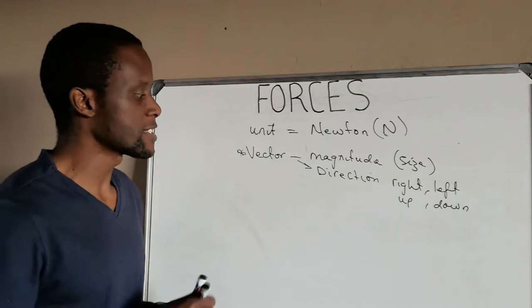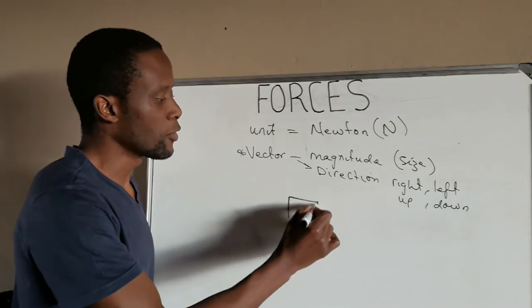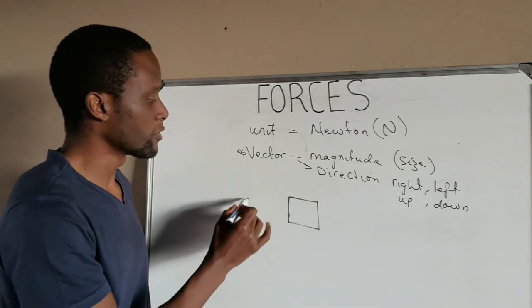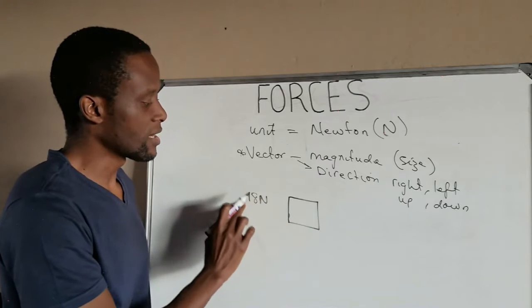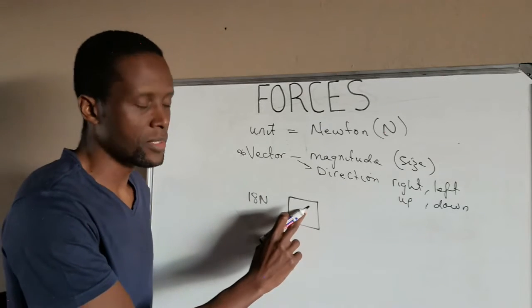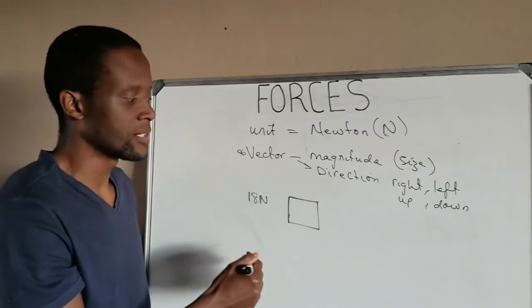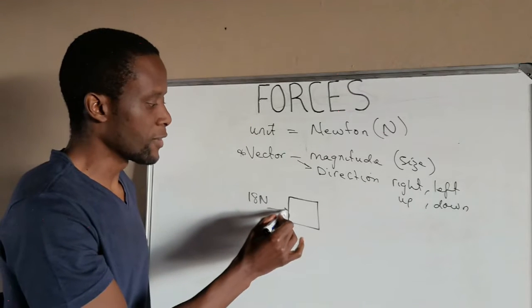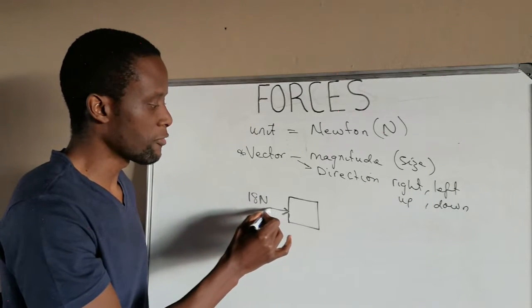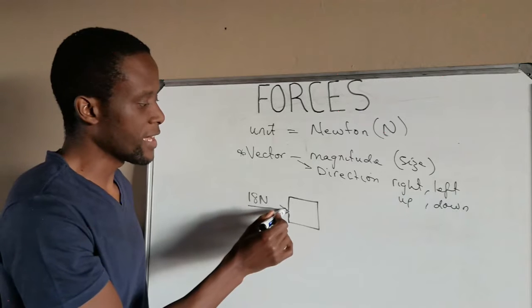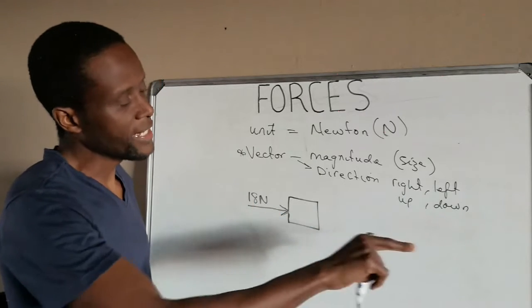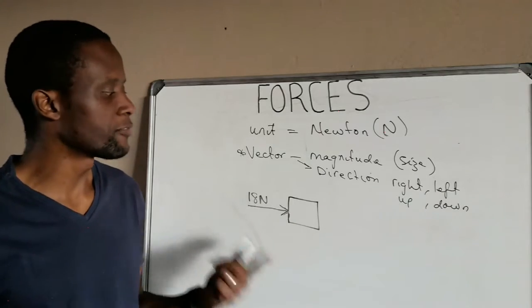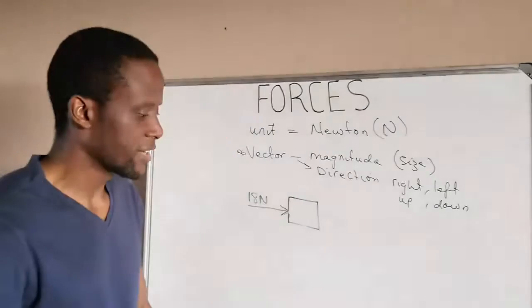So for example, if we say we are applying a force on this object of 18 newtons, 18 newtons is the magnitude of the force being applied on this object, but then in which direction are we applying it? So if we include an arrow to this force, 18 newtons, our arrow shows us that 18 newtons is being applied to the right. Alright, so a force should always have magnitude and direction.